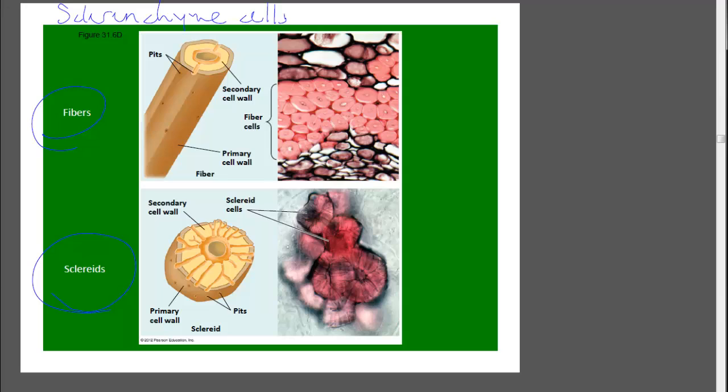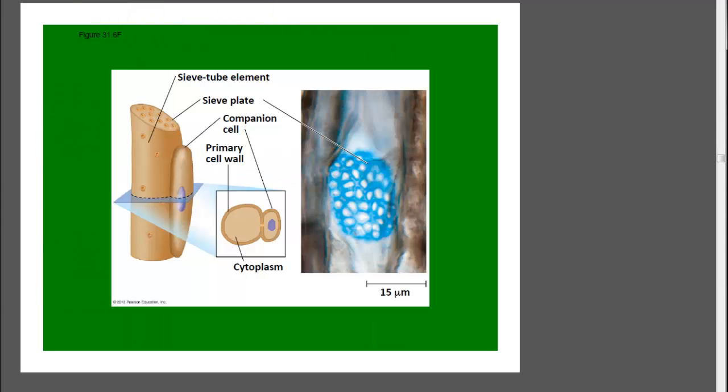So the one last image I want to show you, that we'll come back to when we talk about our vascular tissue more, is this cross-section of a stem or cross-section of a vascular bundle, showing you the difference between the xylem and the phloem. And we'll get into more about these structures associated with the xylem and phloem later on.